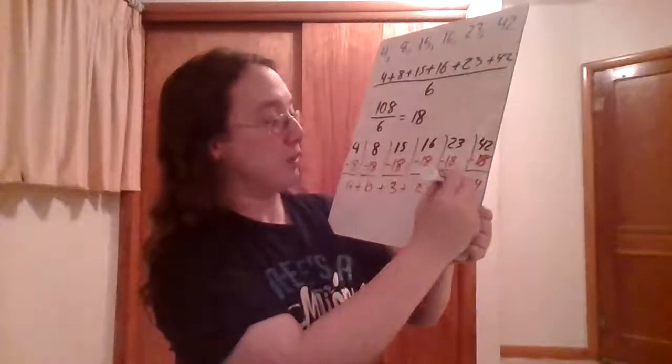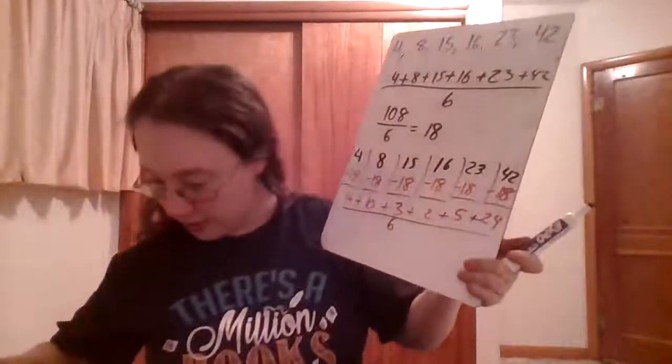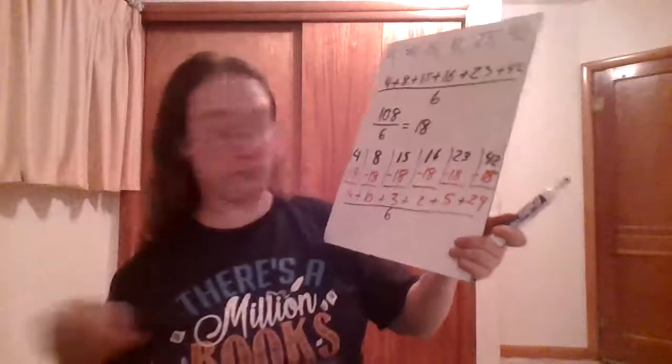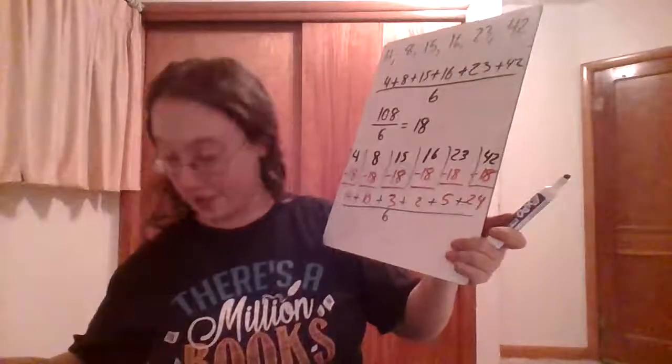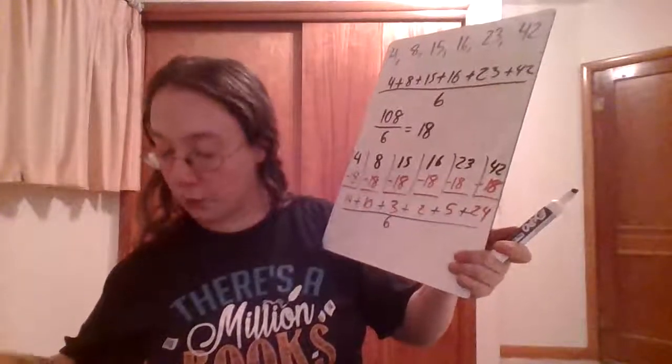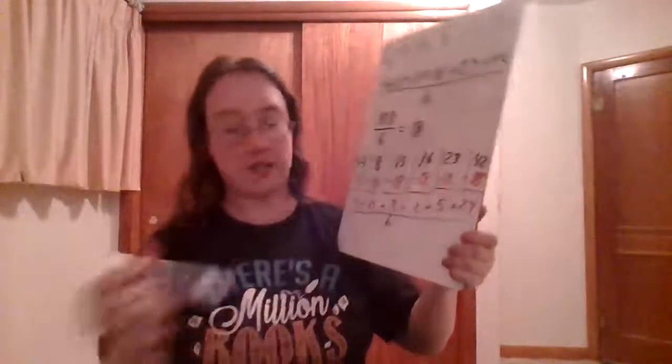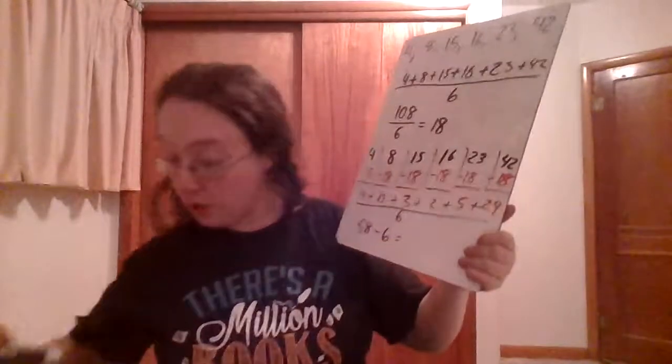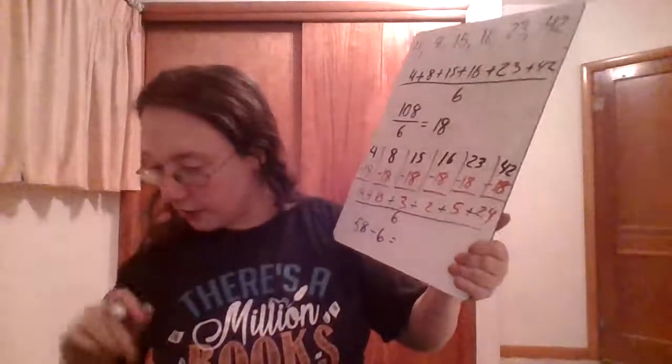So we're going to take 14 plus 10 plus 3 plus 2 plus 5 plus 24 and divide by 6. And 14 plus 10 plus 3 plus 2 plus 5 plus 24 gives you 58. And 58 divided by 6 gives you 9.6 repeating.